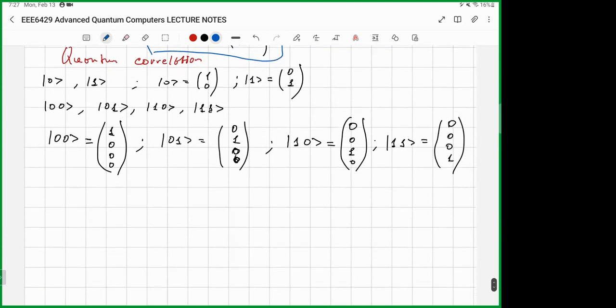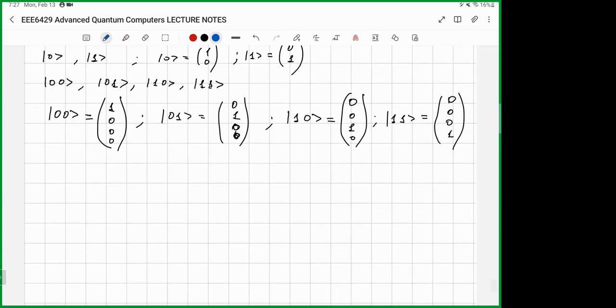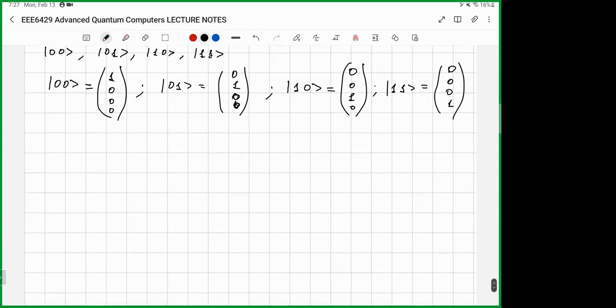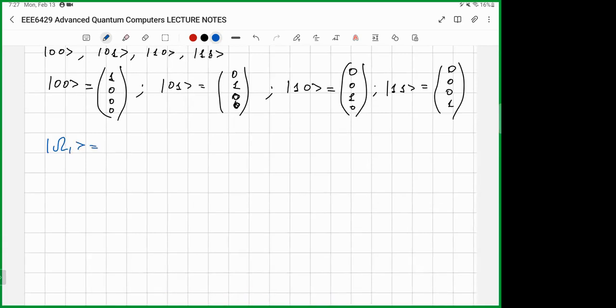What if I can make them equal to 0? In that case, I will get the state, let's denote it by omega 1: 1 over square root of 2 times, only two vectors, 00 plus vector 11.